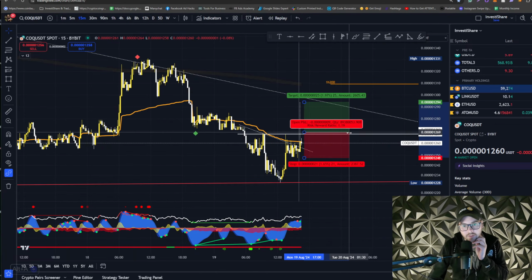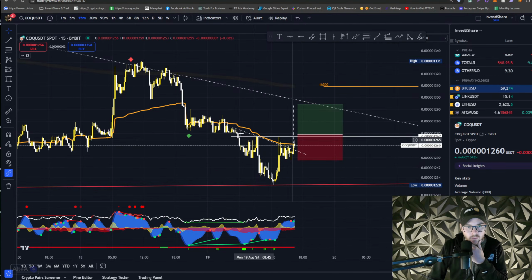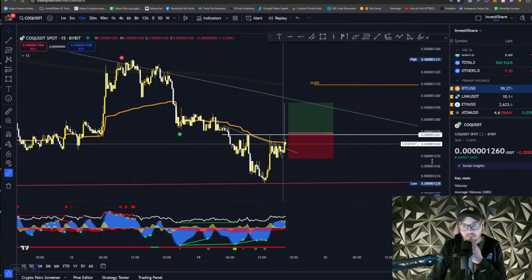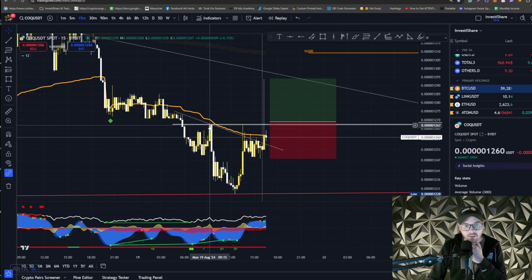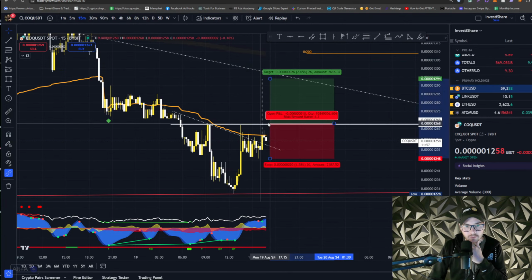That's not really good R&R. Normally inverse head and shoulders give you a good risk to reward ratio, but we have a downtrending momentum that was just broken. We're currently combating the VWAP as resistance. And we have this local high here that needs to be broken if you want to expect this continuation.